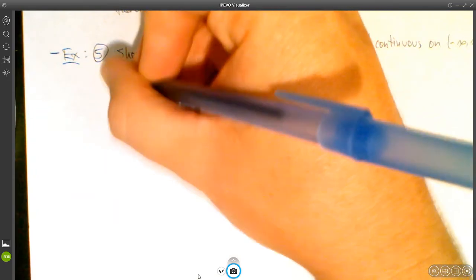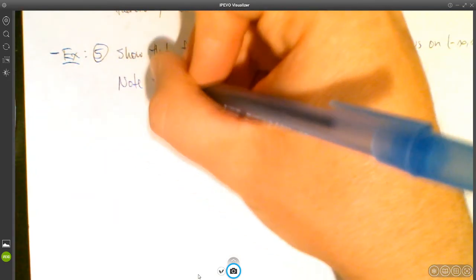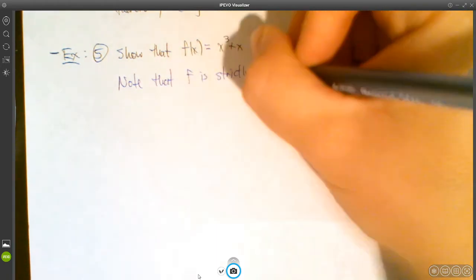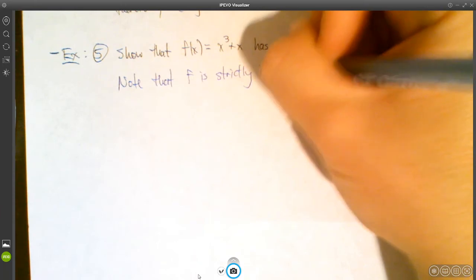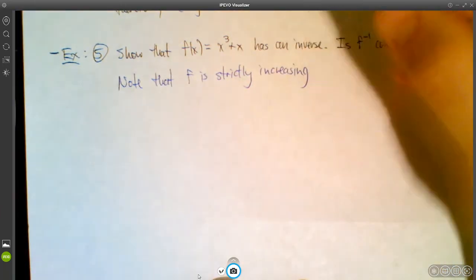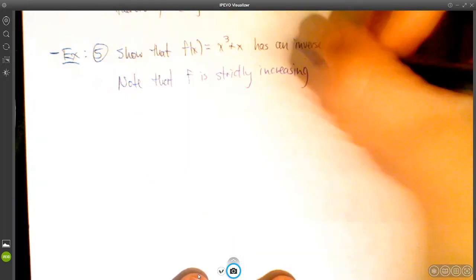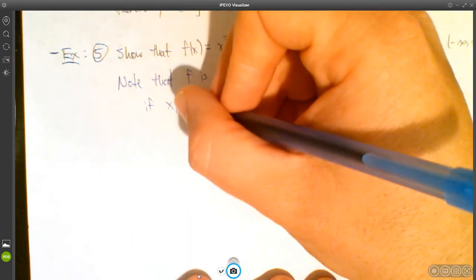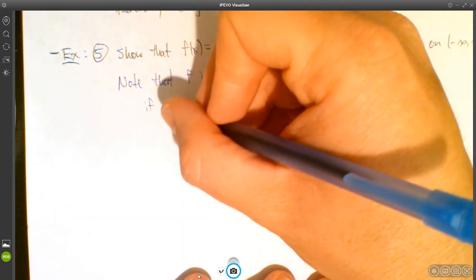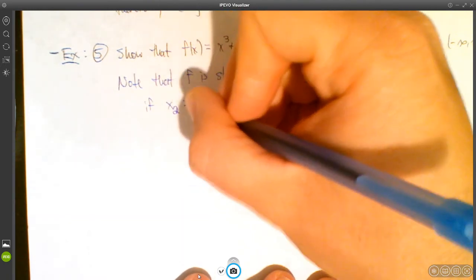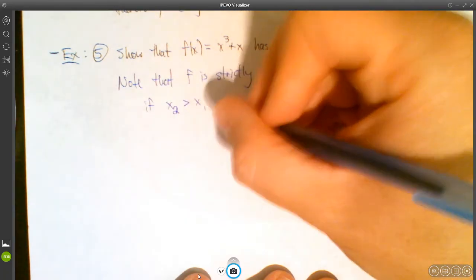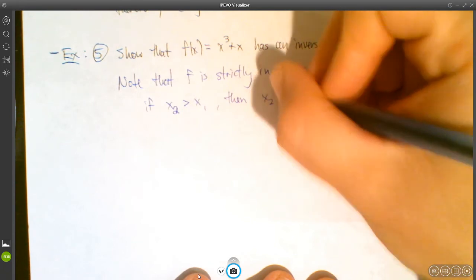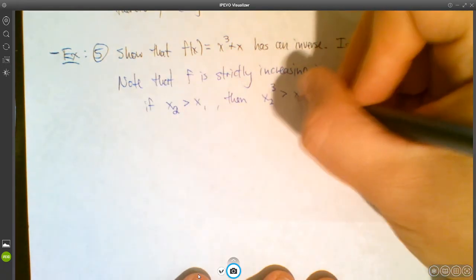So note that f is strictly increasing. And we can give a little proof of that. We can say, if x2 is greater than x1, then x2 cubed is greater than x1 cubed.